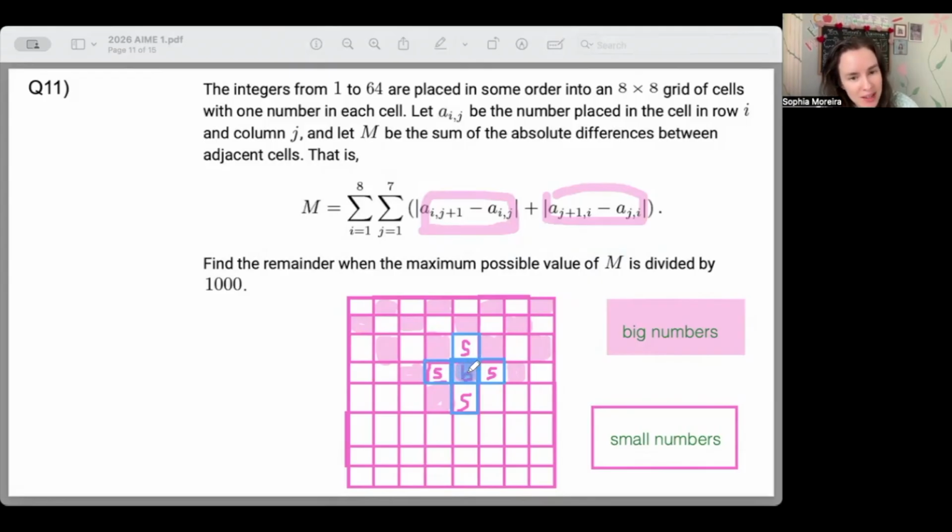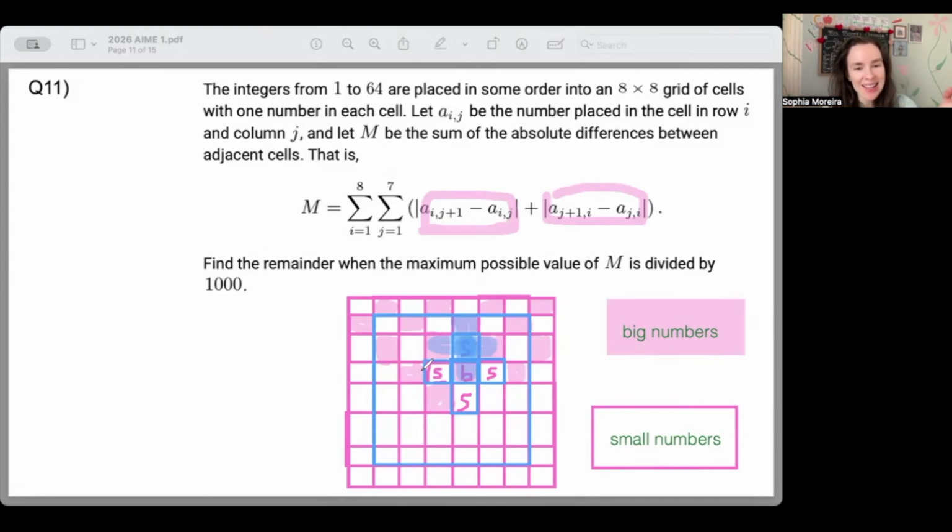We can see that this big number is going to be appearing 4 times as a positive number. And then likewise for each of these smalls around it, we're going to subtract that small number 1, 2, 3, 4 times. Therefore, for all of these interior squares, there's 36 of them. For these 36 interior squares, we have 18 bigs and 18 smalls.